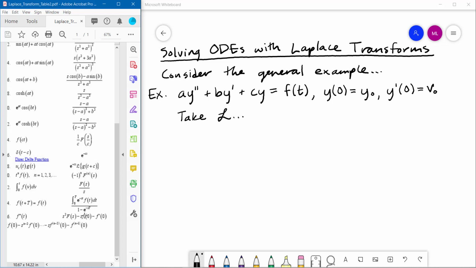So remember, when we take a Laplace transform, it is an integral transform. When we take the Laplace transform of the whole thing here on the left, instead of taking the Laplace transform of the sum of these three separate components, we can take the Laplace transform of the three separate components and then sum those, because it is a linear transform.